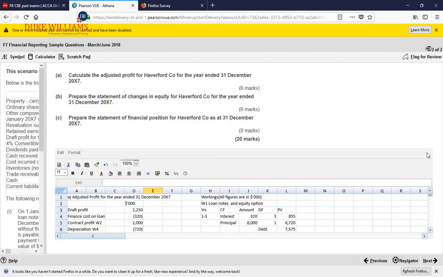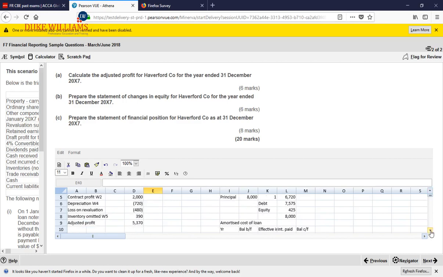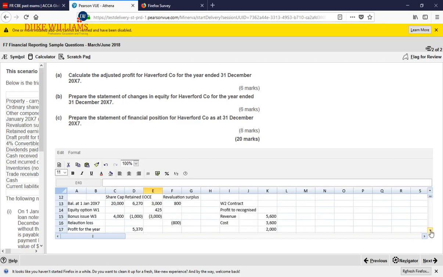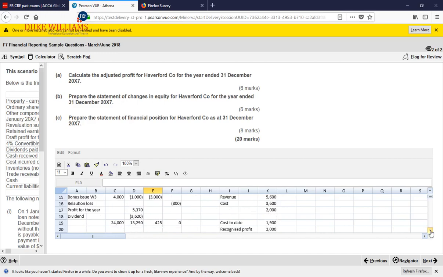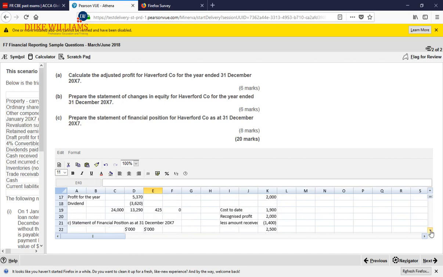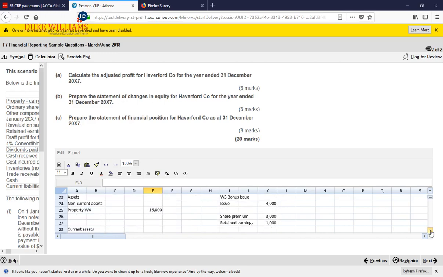So this is what we have been able to do. This is our work. So we're able to find the profit of our workings by the side, our statement of changes in equity, we have our totals by the side. Nicely done. It's always exciting to work with the CBE.